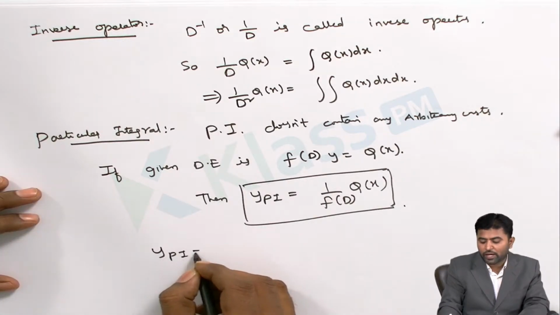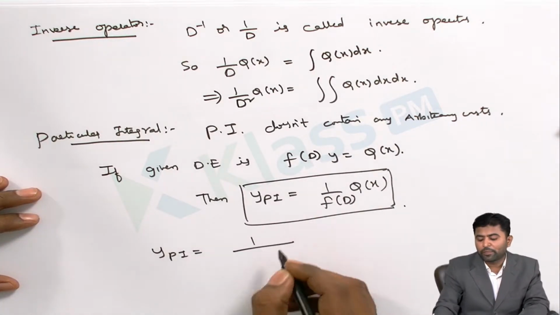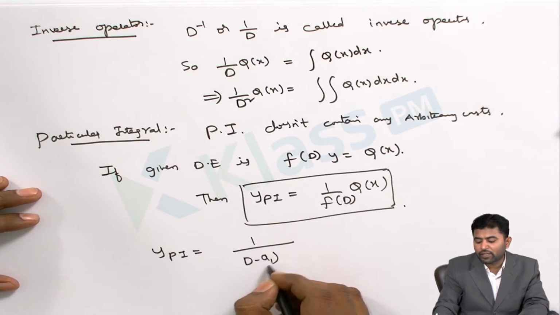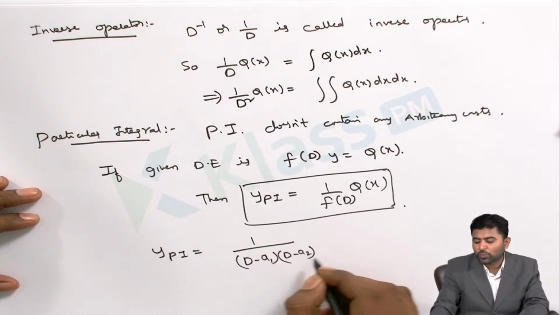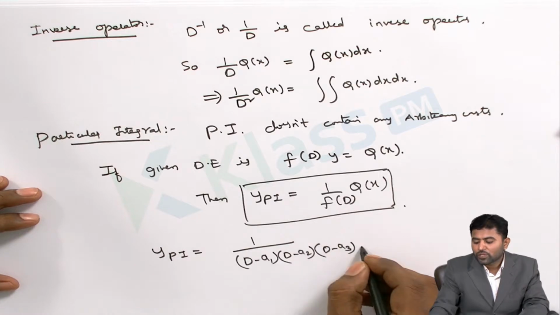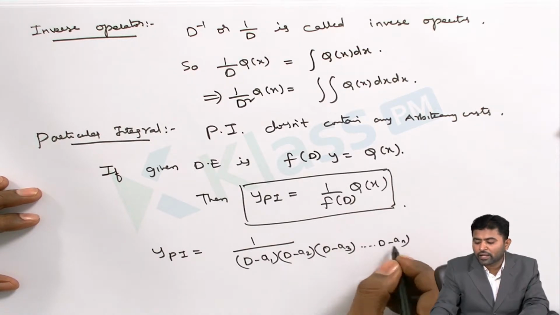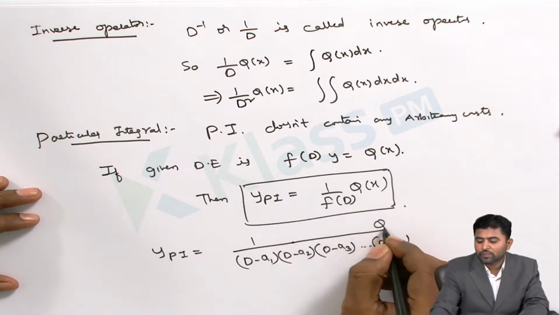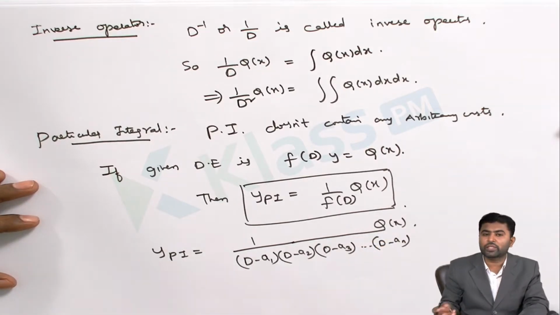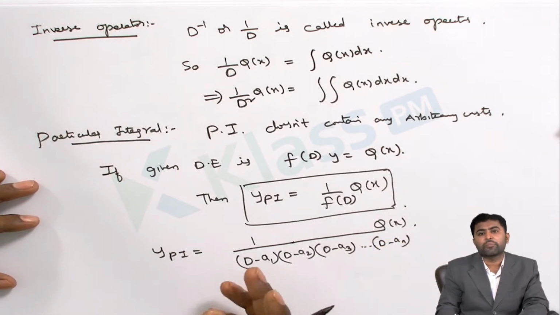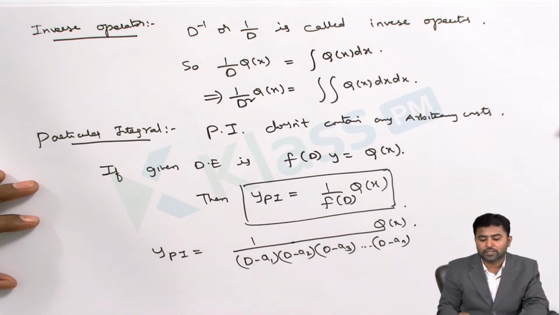Like y PI, I can write it as 1 by (D minus a1)(D minus a2)(D minus a3) and so on, up to (D minus an), into Q of x, where those a1, a2, a3 and so on may be real or complex.